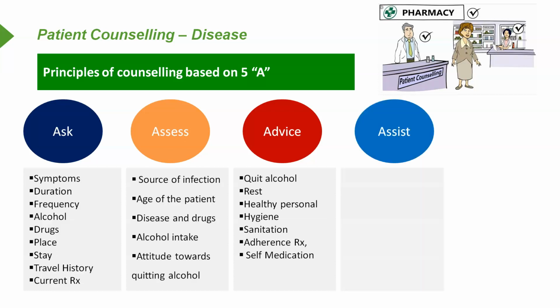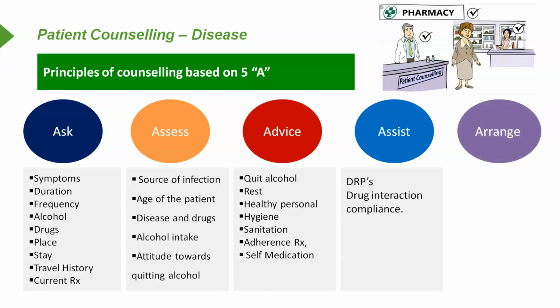Next one would be assist. That is the fourth principle of counseling. What assistance can be given by the community pharmacist? Assessment of drug-related problems, the problems associated with the drugs. That may be drug interaction, or patient compliance.